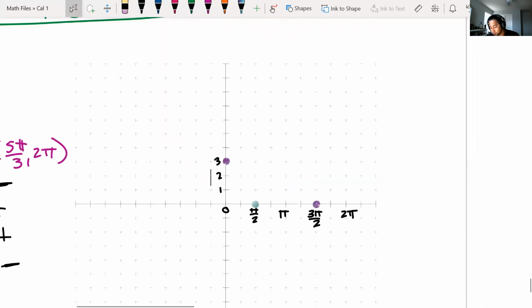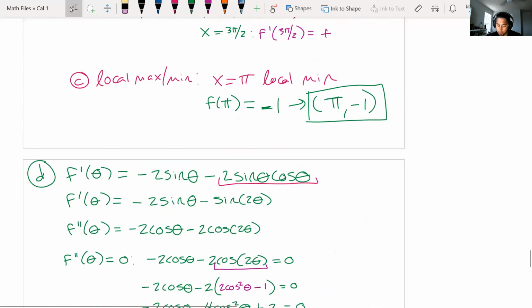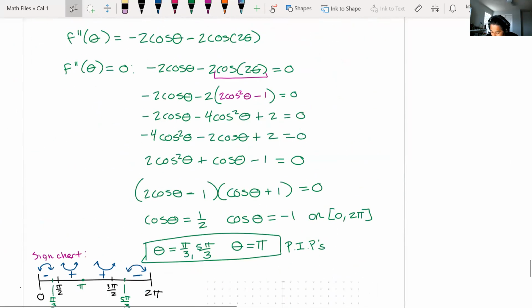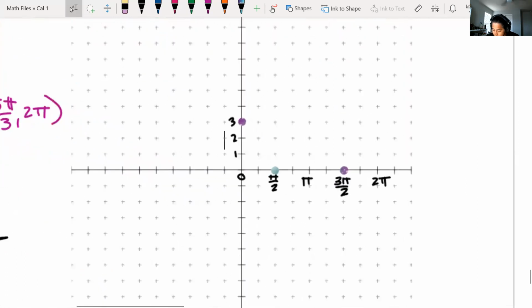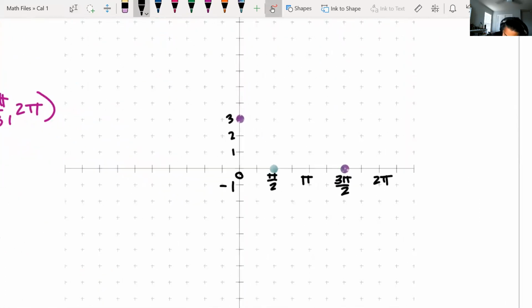And then let's look at my local minimum. I didn't get a max, we only got a local min. So we're going to plot the point pi and -1. So here's -1. I could have spaced those out too. Oh, well.